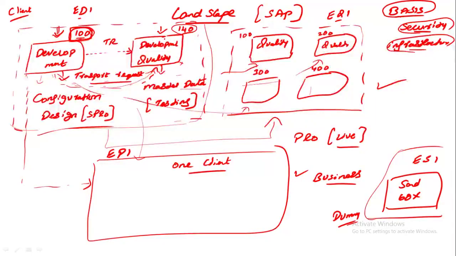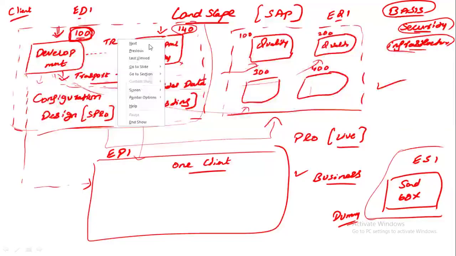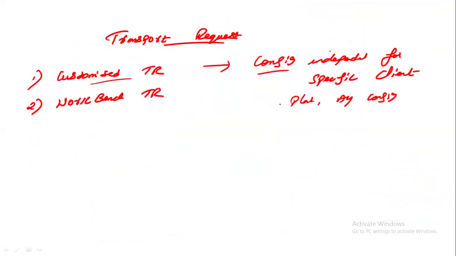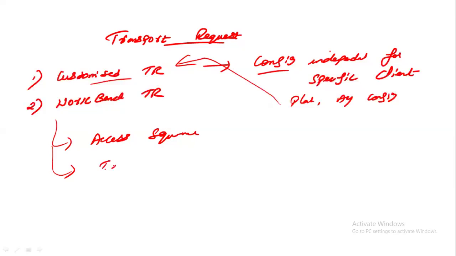For example, if you're creating a plant, or any configuration, that is always going to be stored in a customized TR. There is only specific configuration like access sequence, which can also be entered, and the text functionality.